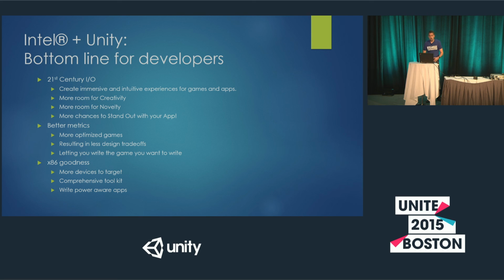So at the end of the day, you can be more creative. It gives you a chance to stand out. And we're trying to give you the tools to make better games, more optimized games, give the users more battery life, to basically have to make less trade-offs if you're targeting another architecture. We're getting to the point where you're not even thinking about the architecture, and I think we're getting closer to that.